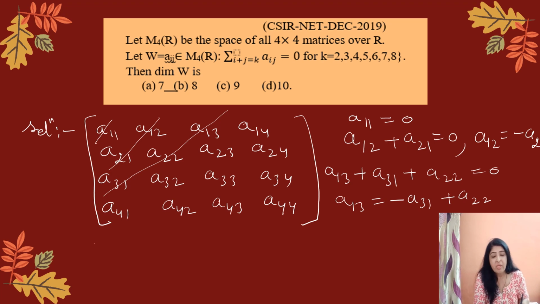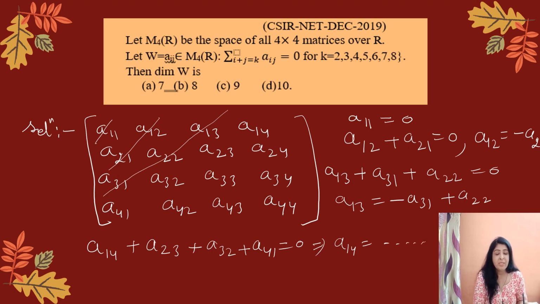Then I have A14 plus A23 plus A32 plus A41 is equal to 0, implies A14 is equal to minus the other terms. Take this term on the right hand side. Then this term goes.